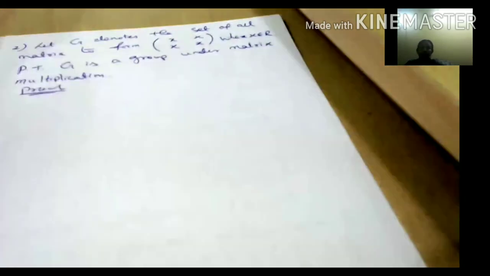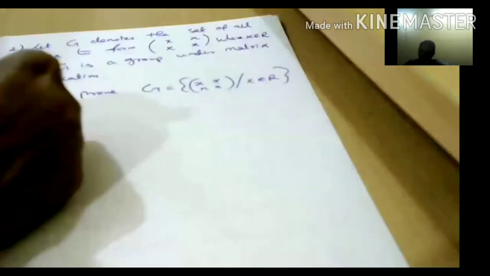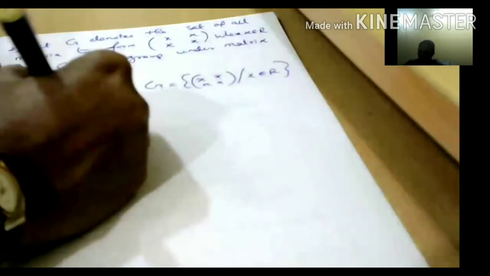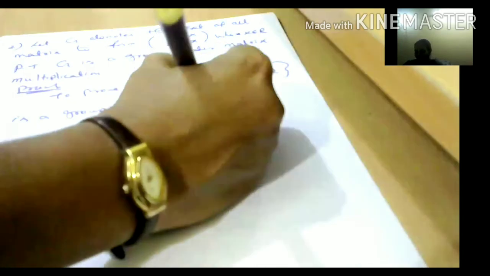So how are we going to prove it? First, we check the closure property. To prove that G, the set of all x such that x belongs to R, is a group under multiplication, first check the closure property.